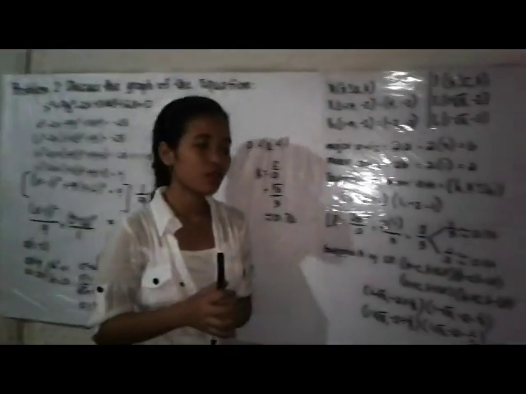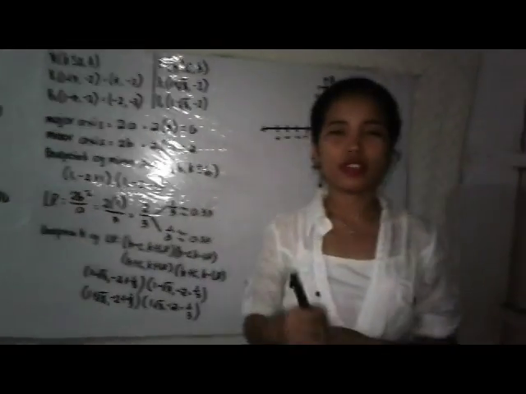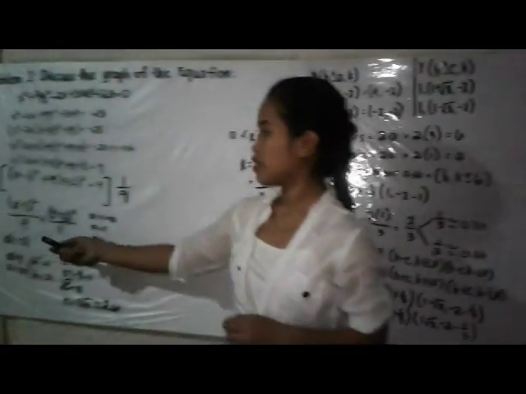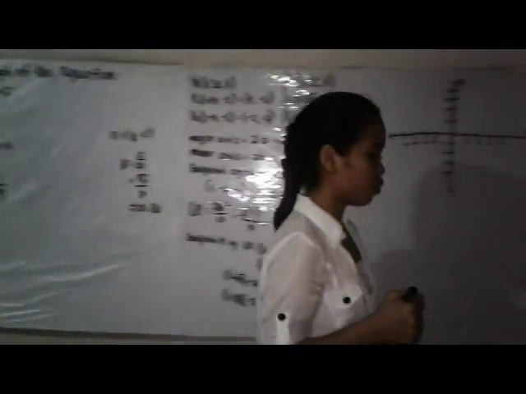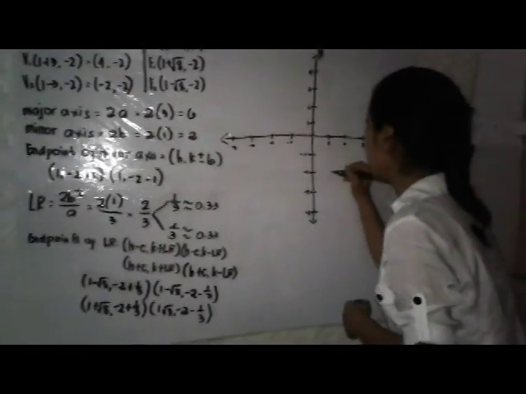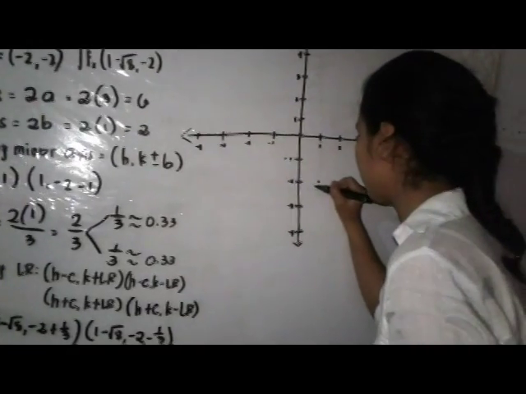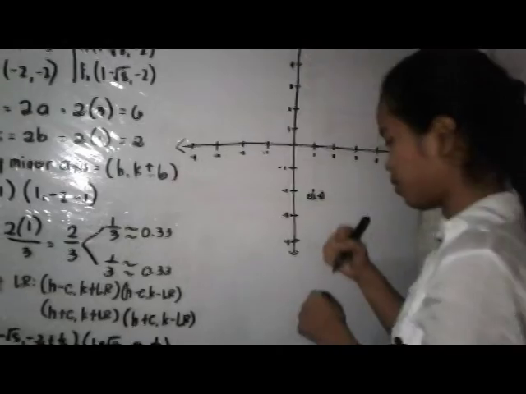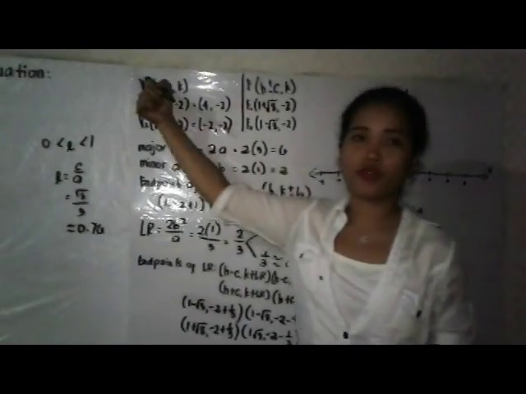So now, let us proceed to sketching our graph. And by sketching our graph, we have to first locate our center, which is positive 1 and negative 2. So, this is our center. Then, next is the value of our vertices.